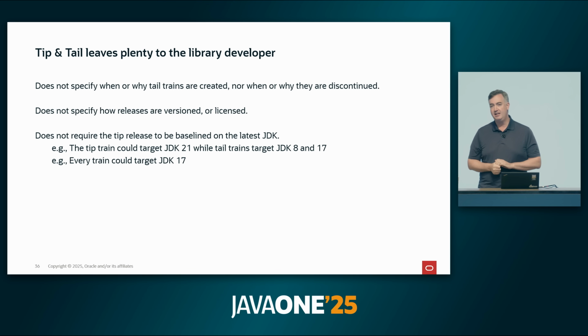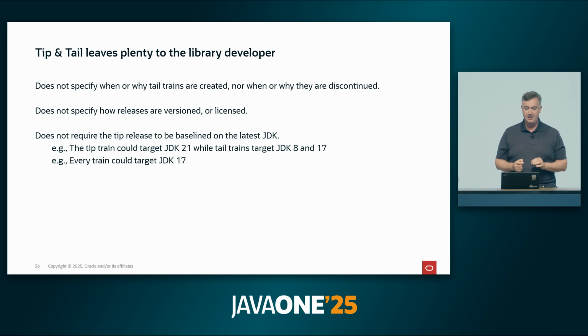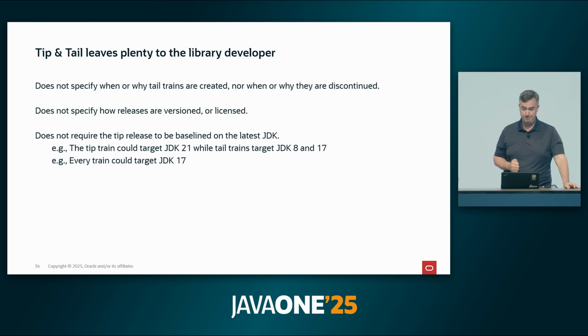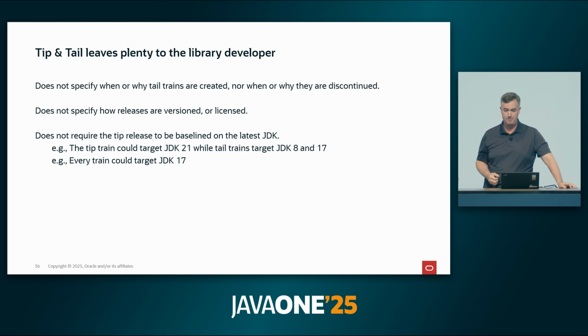And in particular, it doesn't require that the tip release of your project has to be baselined on the very latest tip JDK. For example, the tip train of your project could target JDK 21, while tail trains target likely whatever they targeted when they first appeared, 8 and 17.